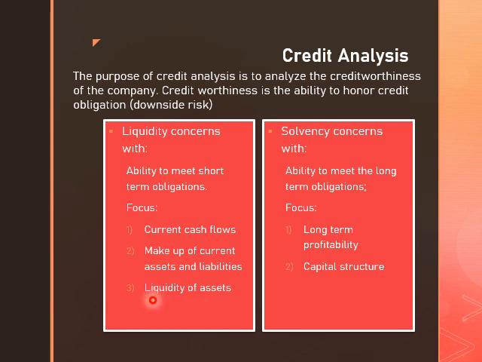That is what it means by liquidity. And untuk solvency, dia punya concern adalah ability to meet the long-term obligations. So it will focus on the long-term profitability and also capital structure. So if you don't know what capital structure is, it's actually the balancing between equity financing or also debt financing. You can look up in your textbooks.